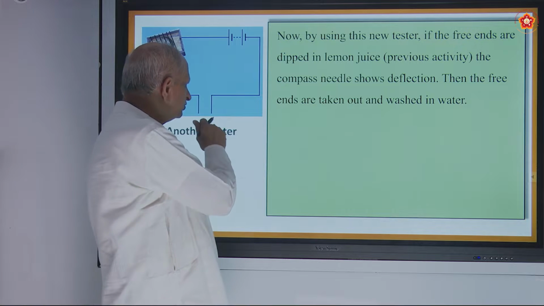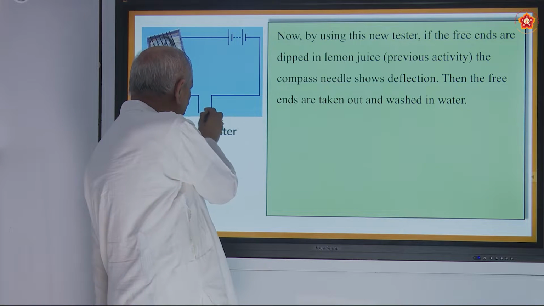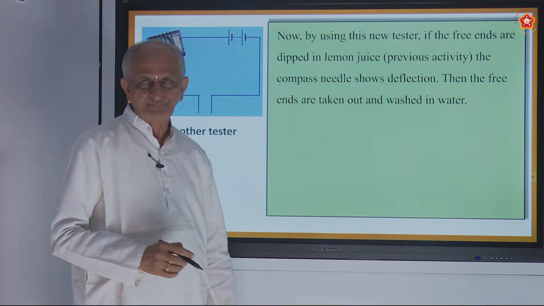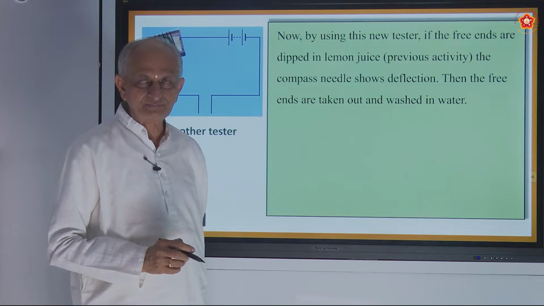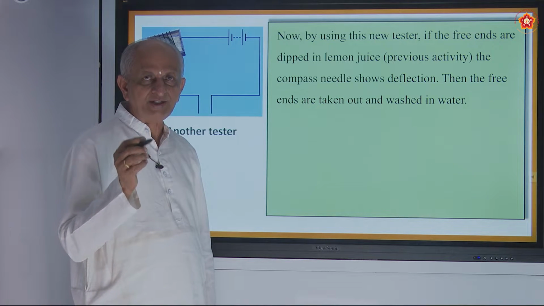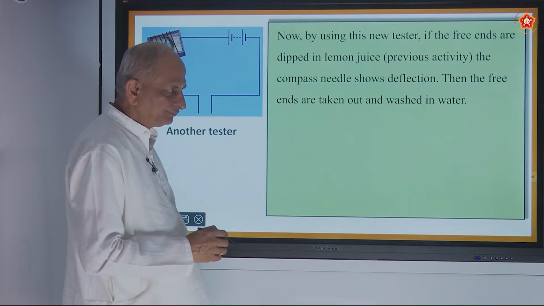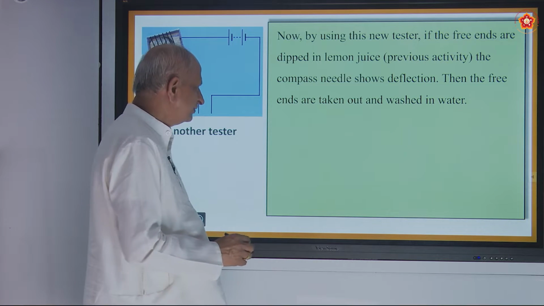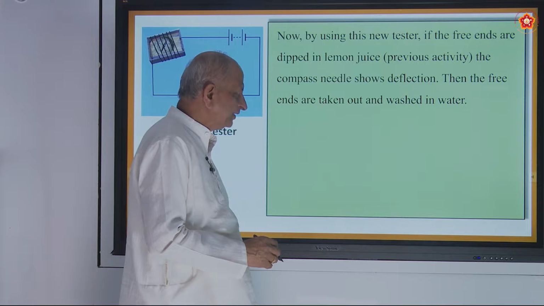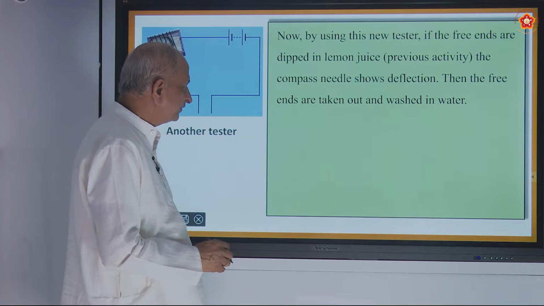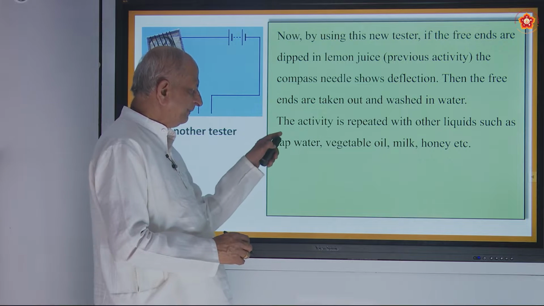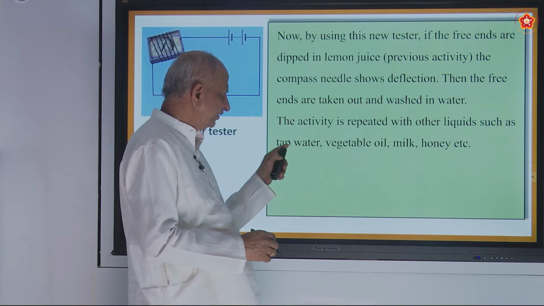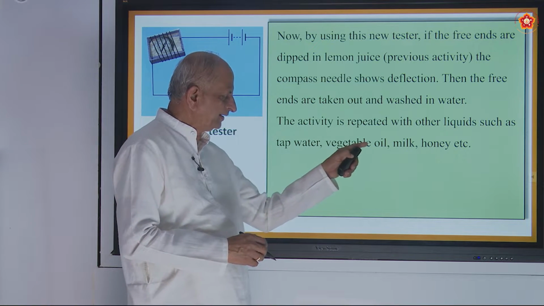You should see that these two wires do not touch each other. They should be kept separate. What happens if they touch each other? There will be a short circuit. So they should not touch each other. They are kept dipped in liquids like lemon juice. The activity is repeated with other liquids such as tap water, vegetable oil, milk, honey, etc.